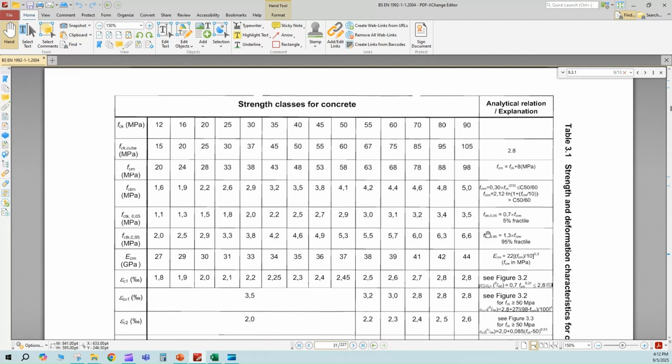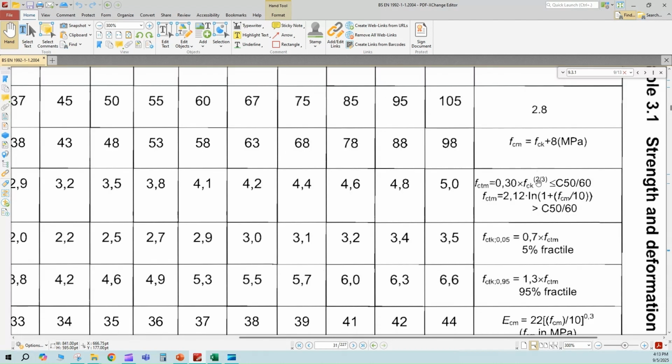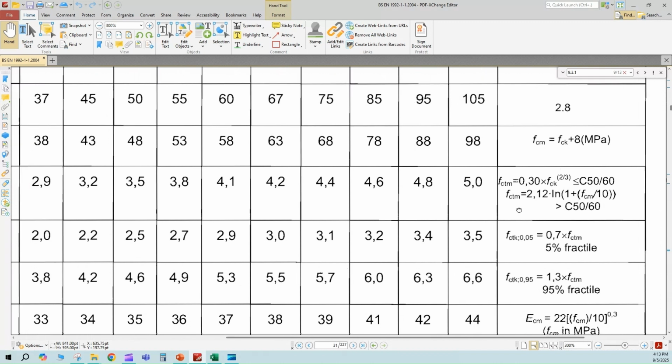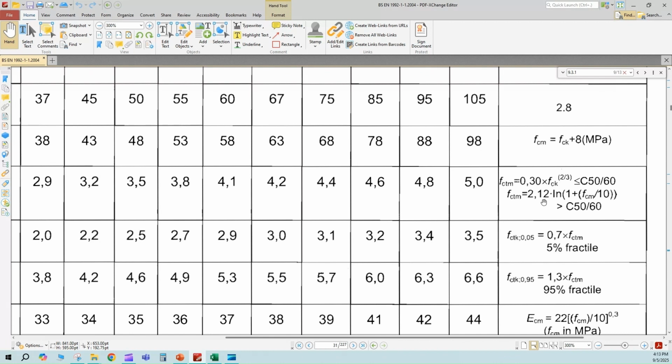You can see in this table that fctm is given as 0.3 fck to the power 2/3 for concrete grades less than or equal to C50/60. For other cases we need to go for 2.12 ln(1 + fcm/10).